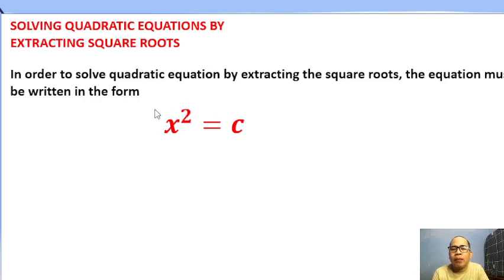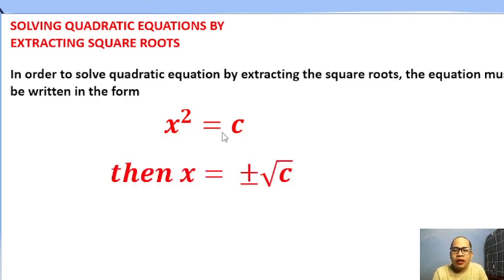Ibig sabihin, wala po tayong linear term dito. If x squared equals c, then x will be equal to positive, negative square root of c. Tandaan lang po natin, magagamit natin ang extracting square roots kapag ang ating form is x squared equals c.